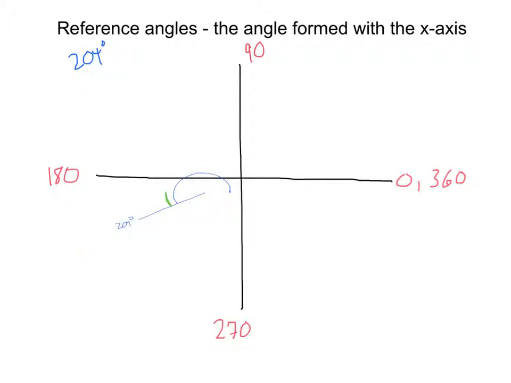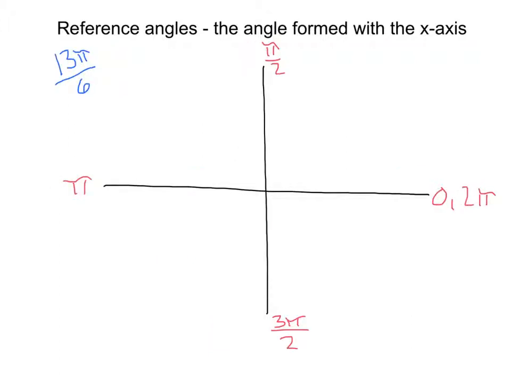My reference angle is going to be 24 degrees, right? Because 180 plus 24 gives me 204, or you can do 204 degrees minus 180 degrees to give me the difference, which is 24. However you want to do it, my angle formed with the x-axis is 24 degrees.